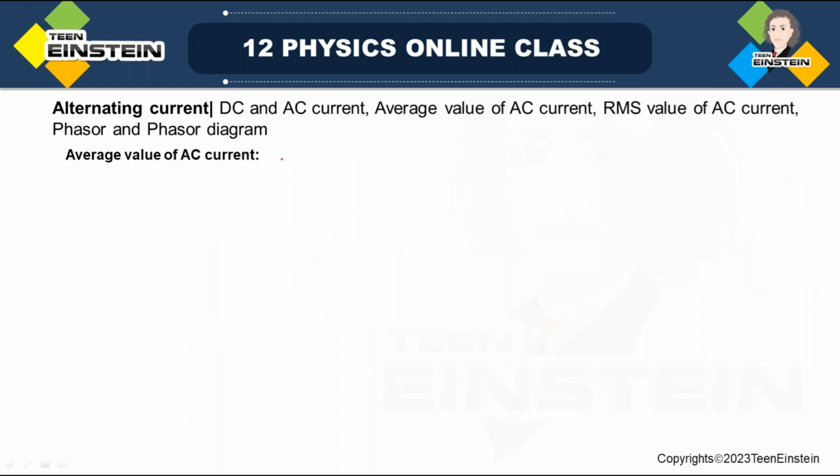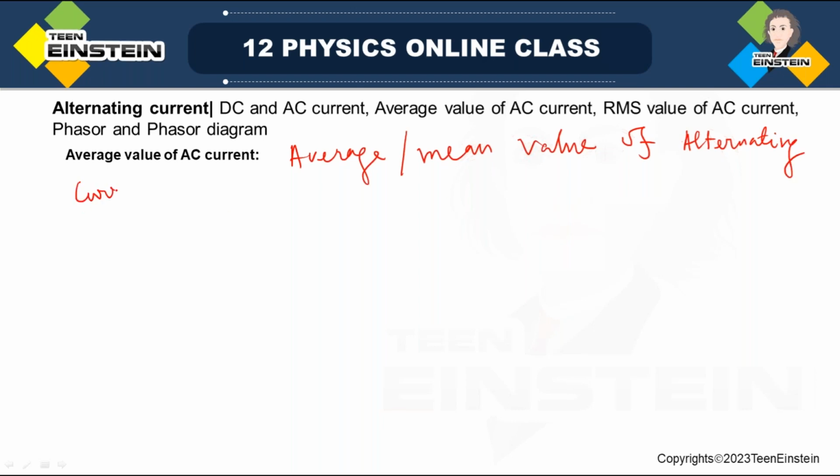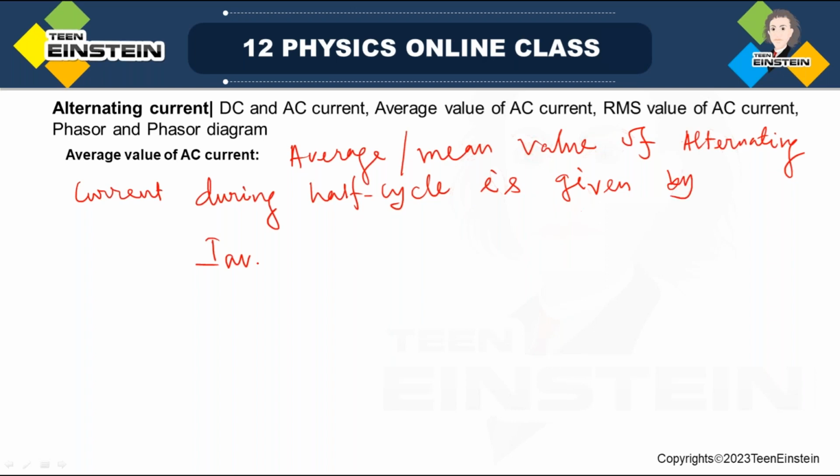So I'll write here: the average or mean value of alternating current during half cycle is I average, is given by 2 by pi times I0.